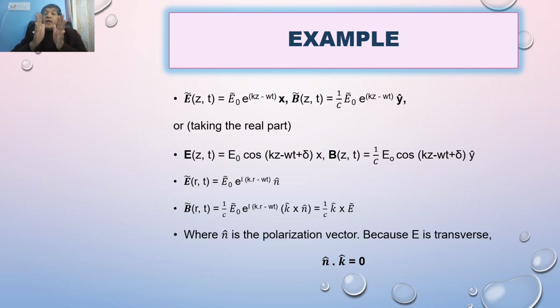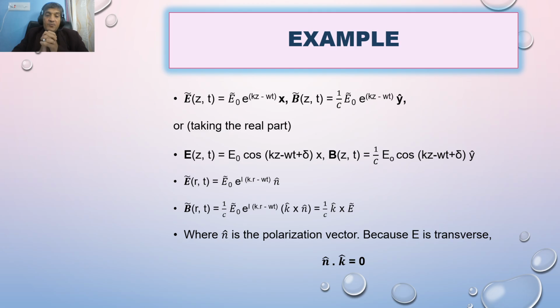Keep that in mind. In a conductor or some other material medium, they are not in the same phase, but in free space they are. This condition is uniform: the electric field, magnetic field and direction of propagation are always perpendicular to each other, whether in free space or in a material medium.